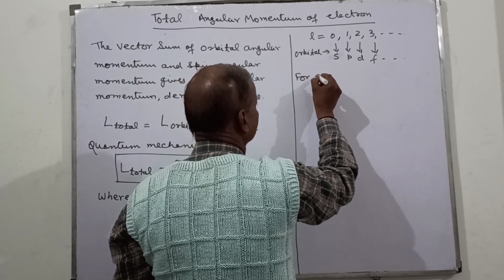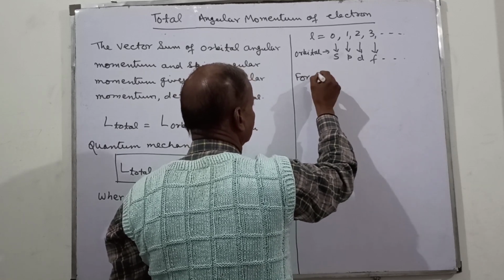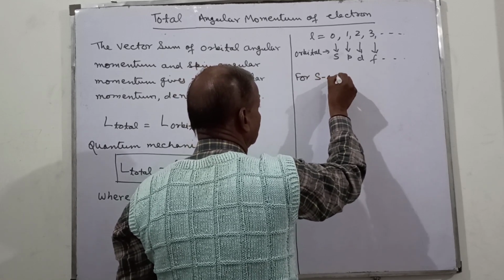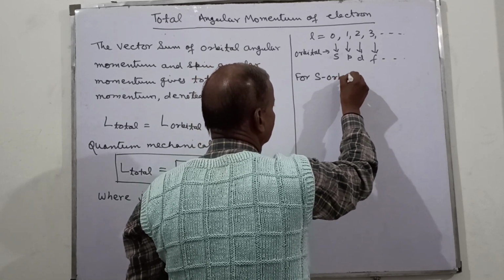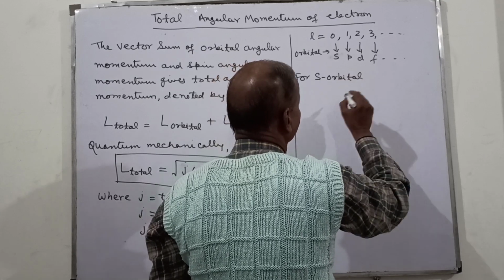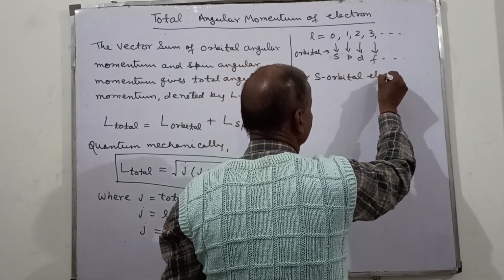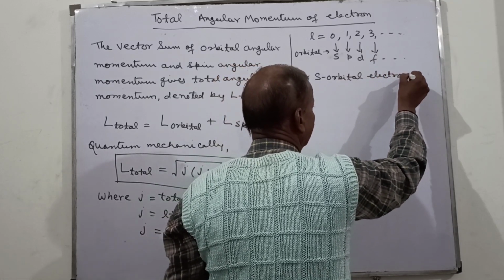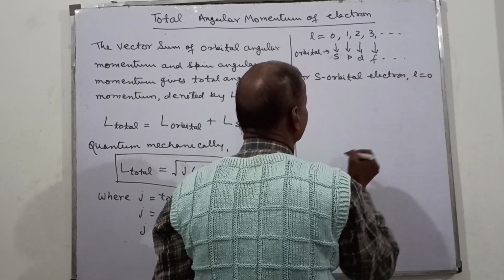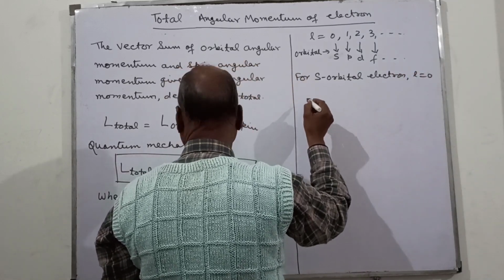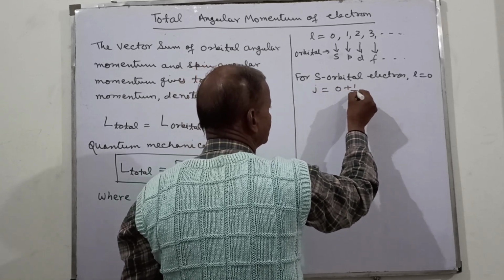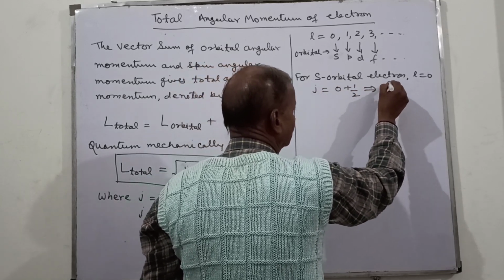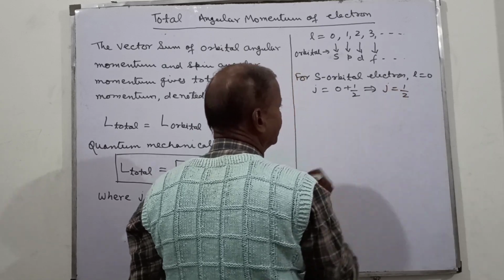For S orbital electron, L is equal to 0. So now J is equal to 0 plus 1 by 2, or J is equal to 1 by 2.